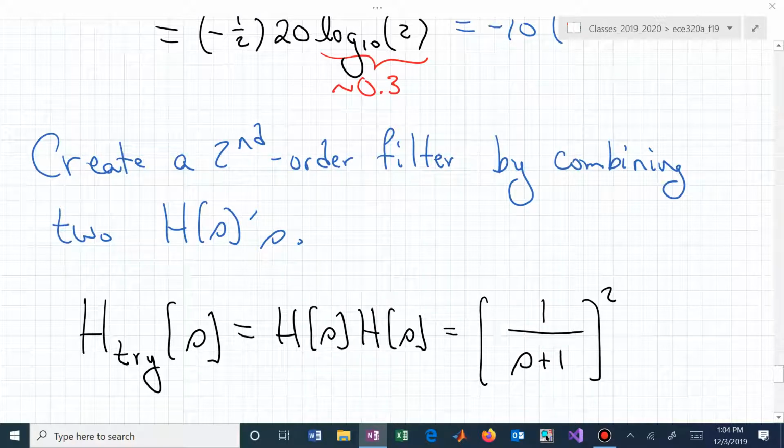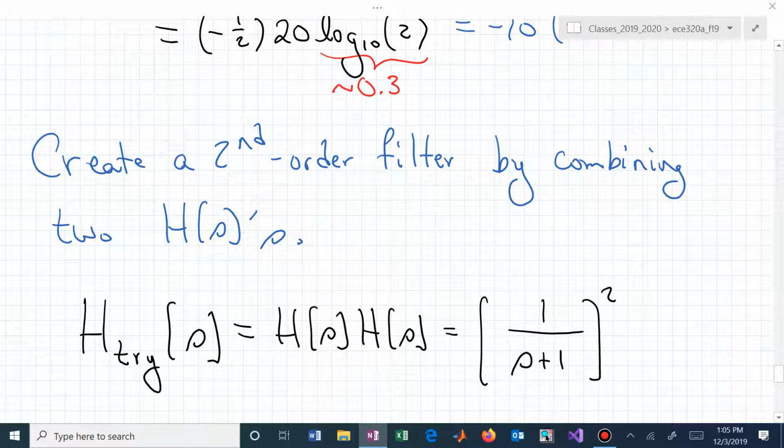Now I have a 1 over s plus 1 and another 1 over s plus 1. Let me see how that works for me. I now have a 1 over s plus 1 quantity squared. This is going to give me what? More filtering. I wanted more filtering. And this will do it.